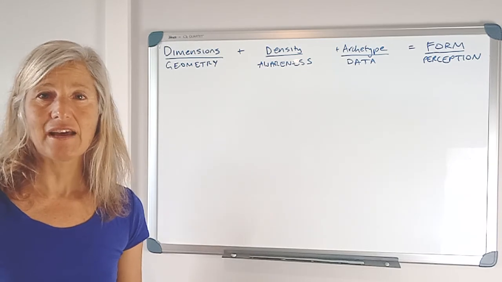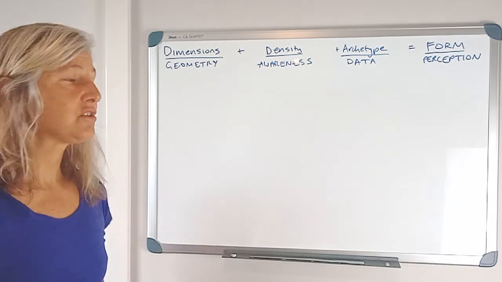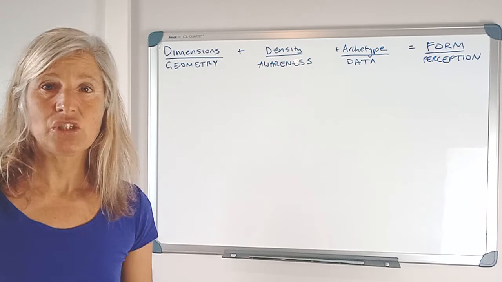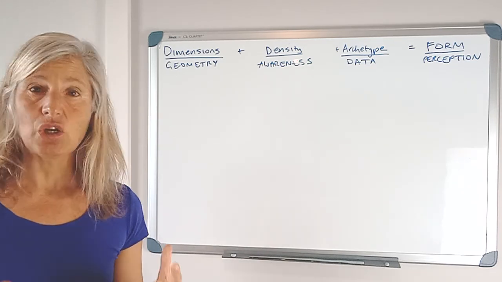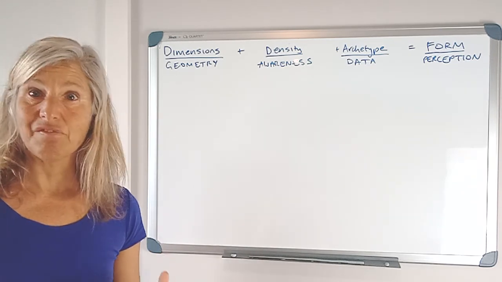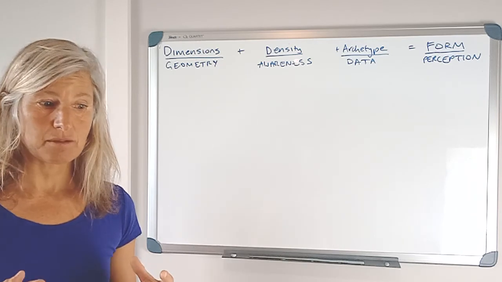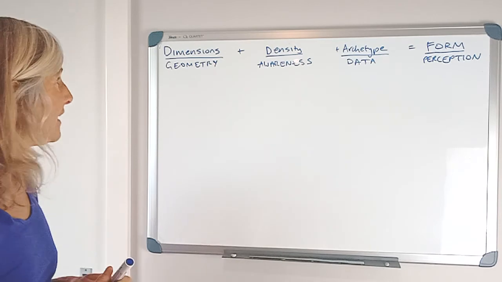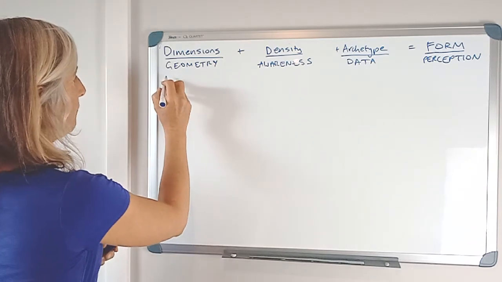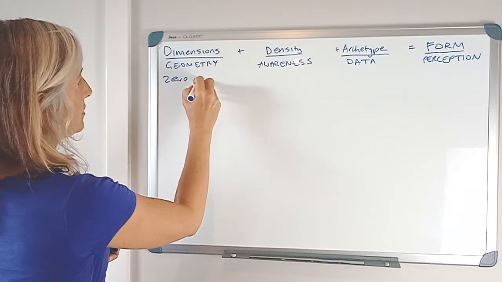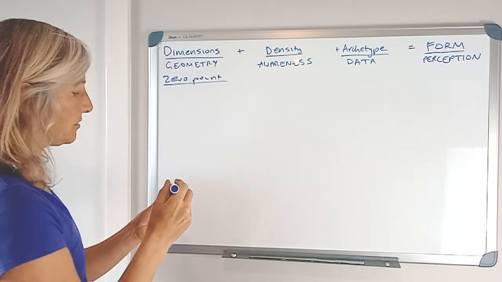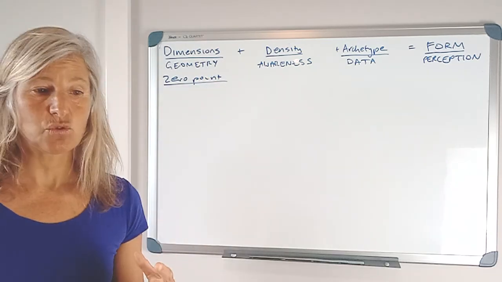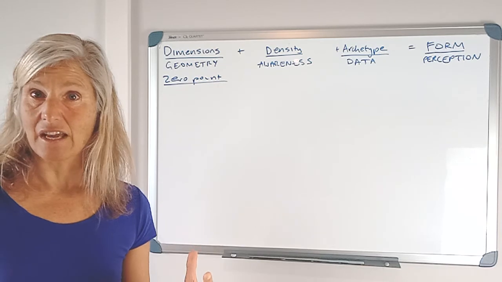So first of all, let's have a look at dimensions. When we think about dimensions, think about geometry. Think about geometric formulas in terms of what's possible from a spatial level. If we start with zero point in dimensions, I just want to start all of these from zero point, because basically everything comes from nothing as a starting point.